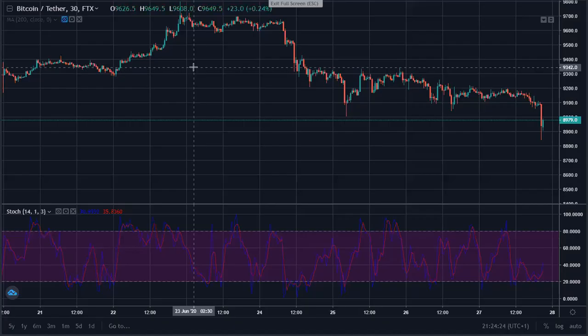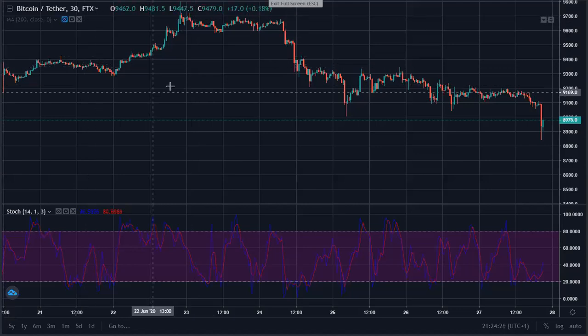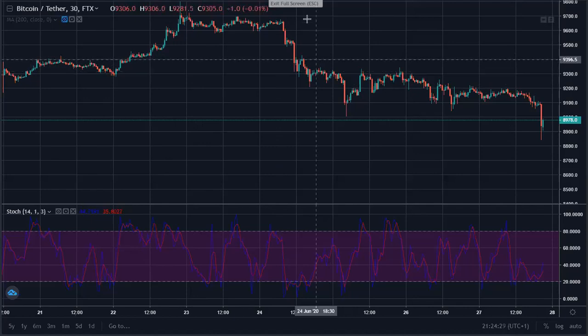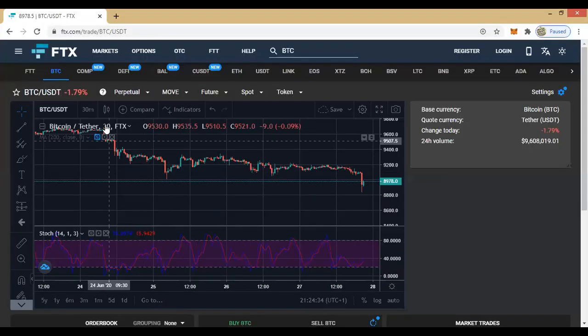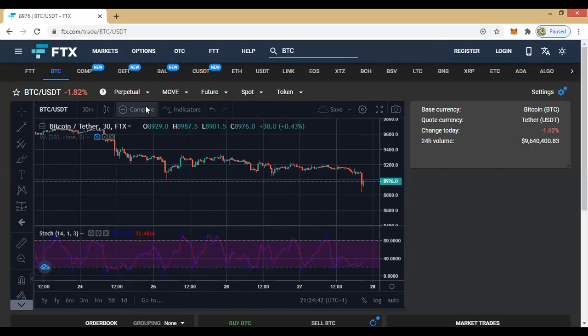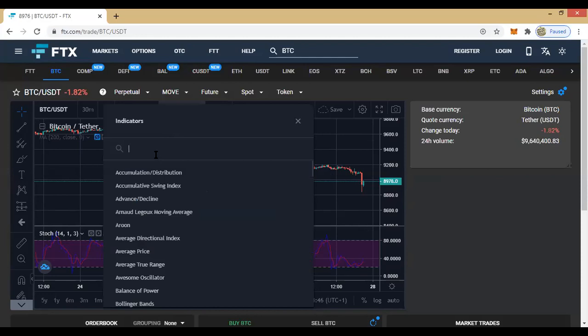This is stochastic. We want to look at RSI, the relative strength index.